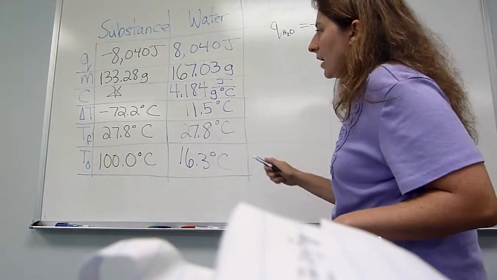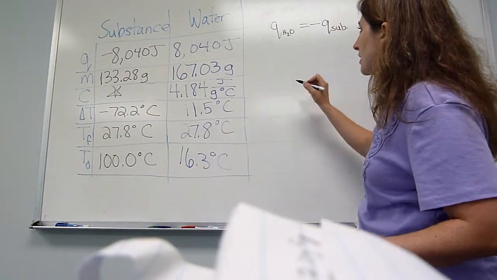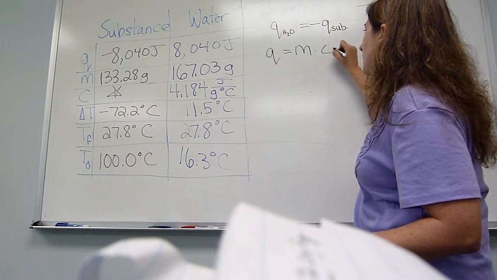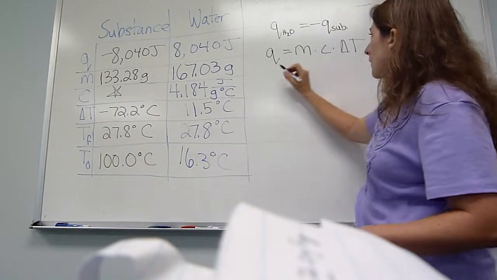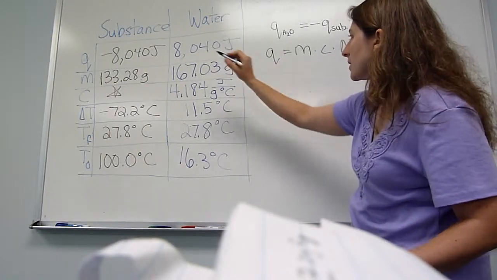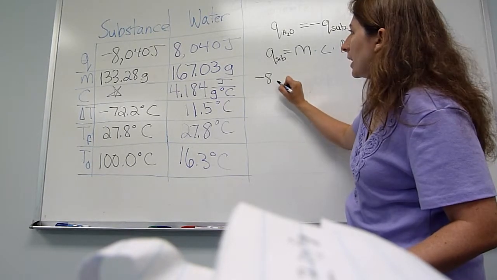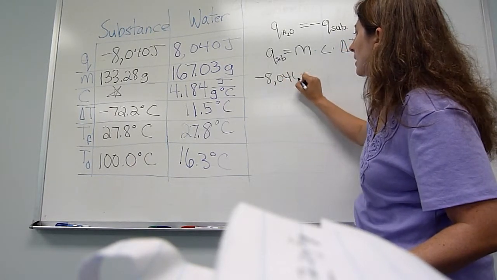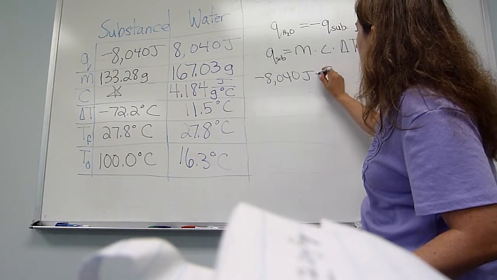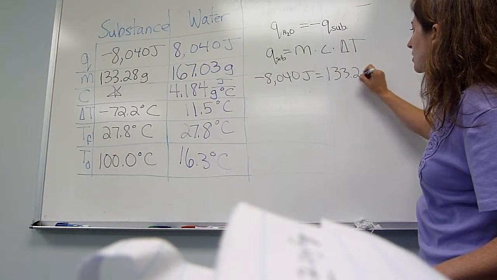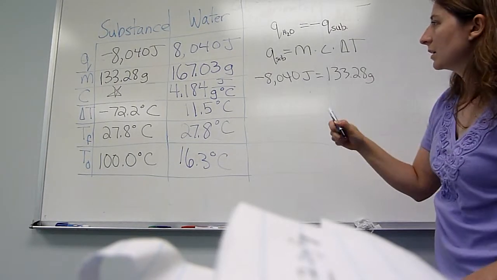So we can now find the specific heat of the substance using that same equation, Q equals M times C times delta T. Q of the substance is negative 8,040 joules. Mass of the substance, 133.28 grams.